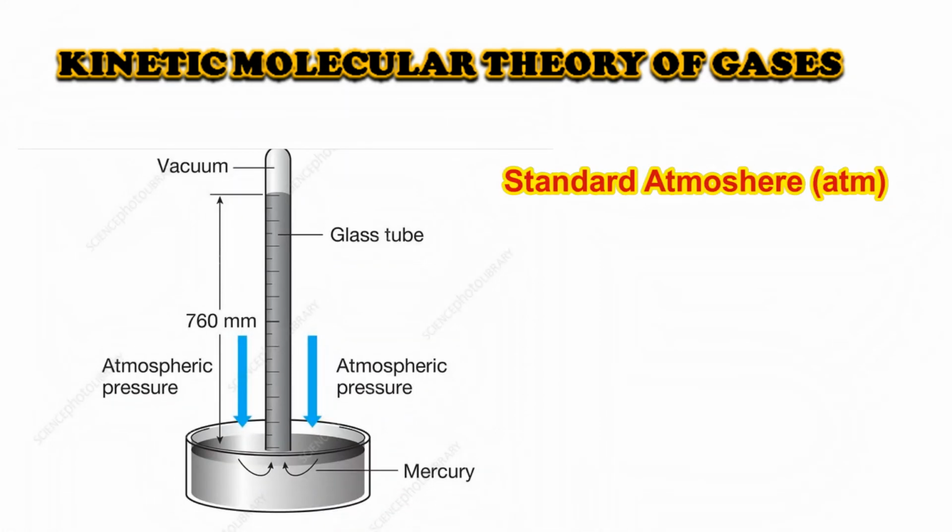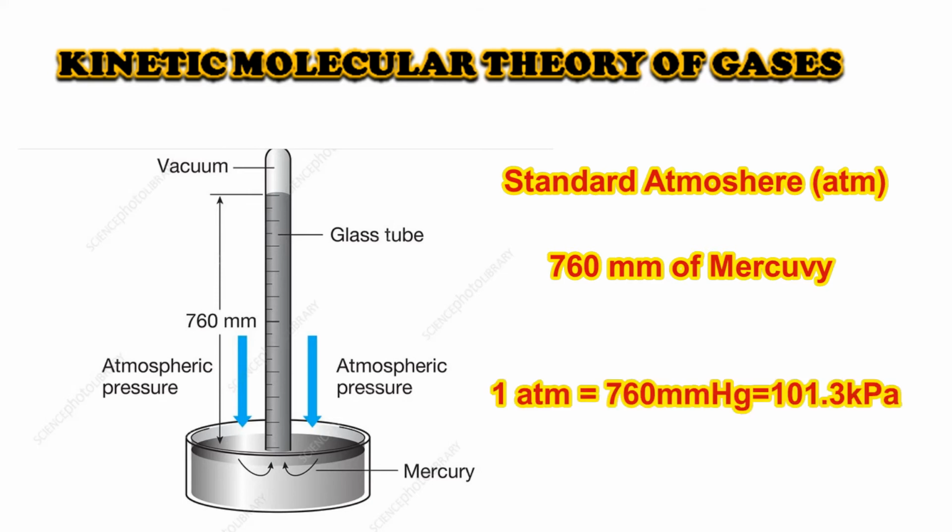One standard atmosphere is the pressure required to support 760 millimeters of mercury in a mercury barometer at 25 degrees Celsius. That is, 1 atmosphere is equal to 760 millimeters of mercury, or equal to 101.3 kilopascal.